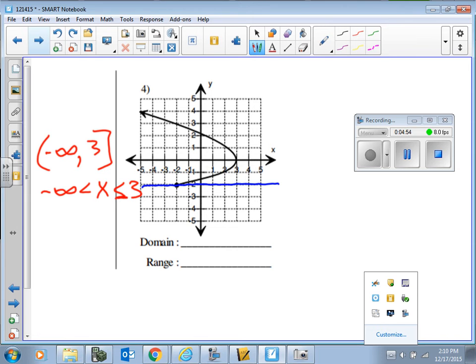And the highest value, well, really, if you think about the fact that this is going to keep going, there is no highest y value. So it's going to be from negative 2 up to infinity. And that'll be positive infinity.